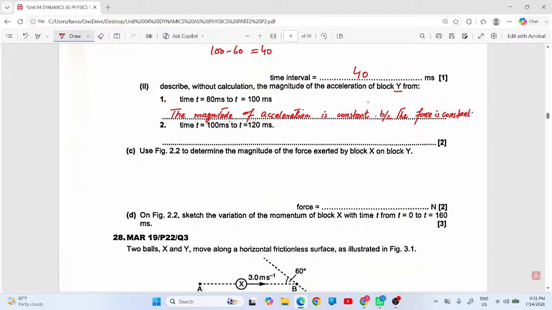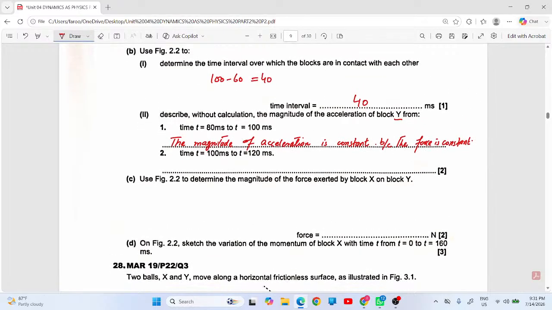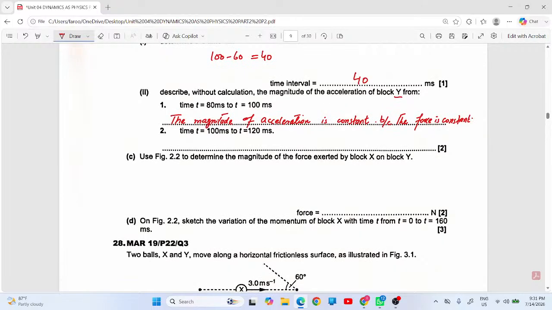Next, from 100 to 120 milliseconds, zero. Zero, because the graph is a straight line, the gradient is zero, the force is zero. So the magnitude of acceleration is zero.